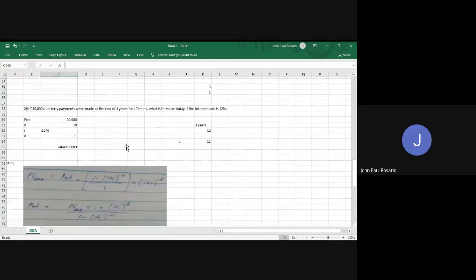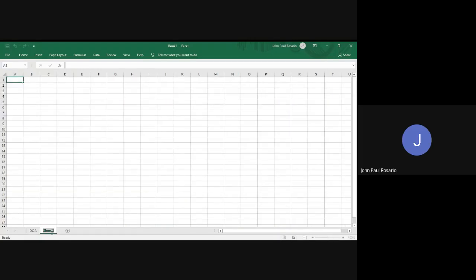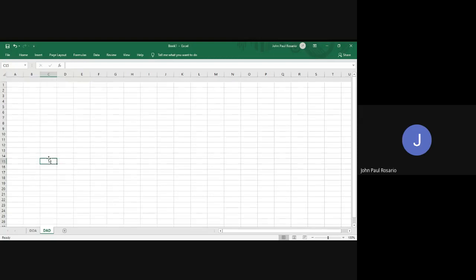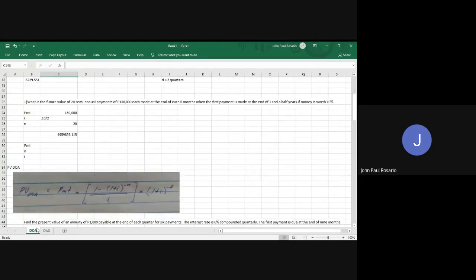Okay. Sige. Now, let's go to deferred annuity due. With that, what is the formula for this one? Guys, what's the formula for this one?